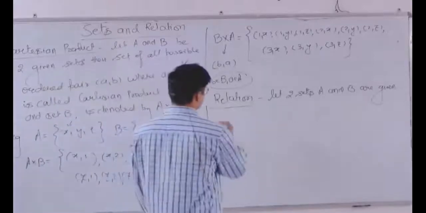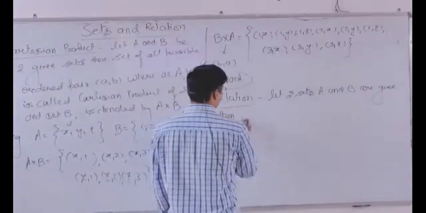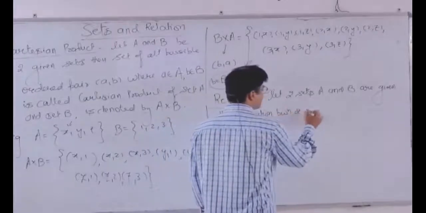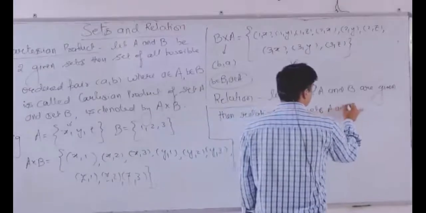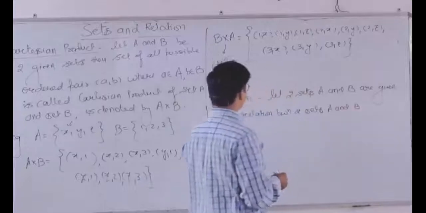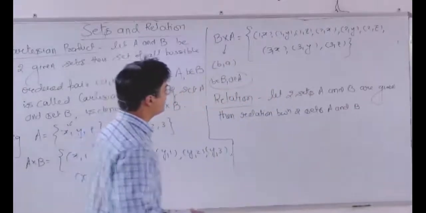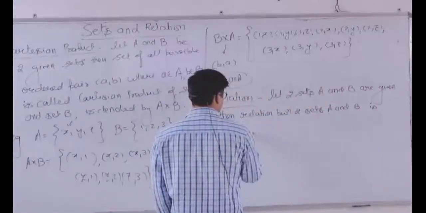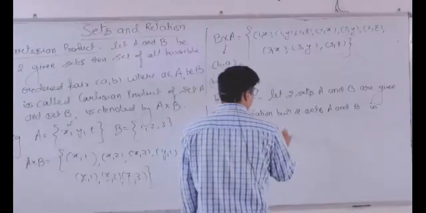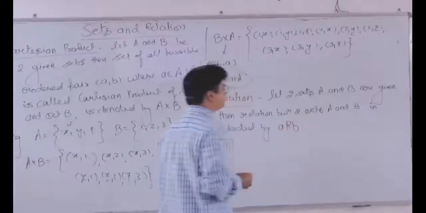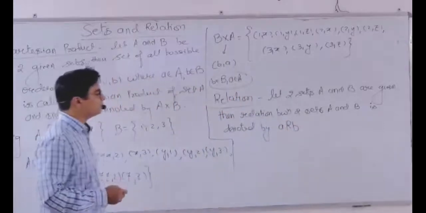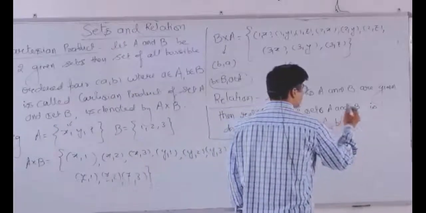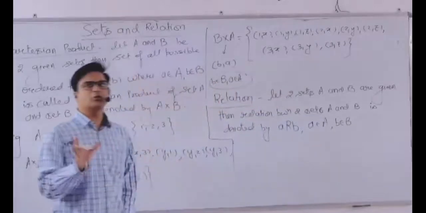Then the relation between two sets A and B is denoted by aRb, where a is an element of set A and b is an element of set B. It is just the notation we are talking about.